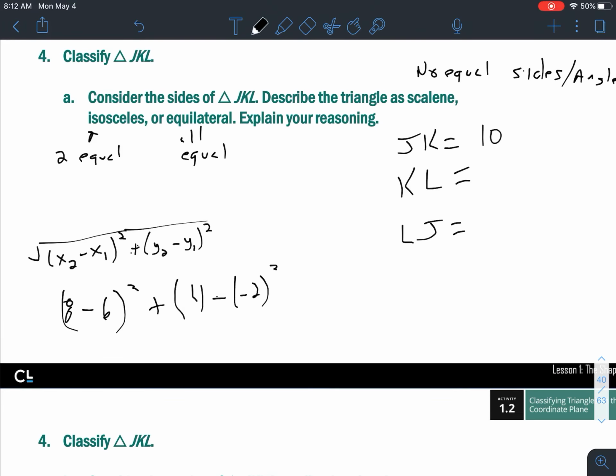So 8 minus 6 gives us 2, plus 4 plus 2 gives us 6 squared. 2 times 2 is 4, plus 6 times 6 is 36, gives us 40, square root of 40, which comes out to be roughly 6.32.